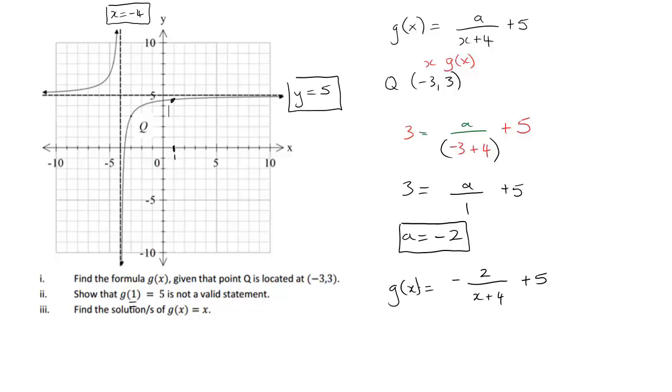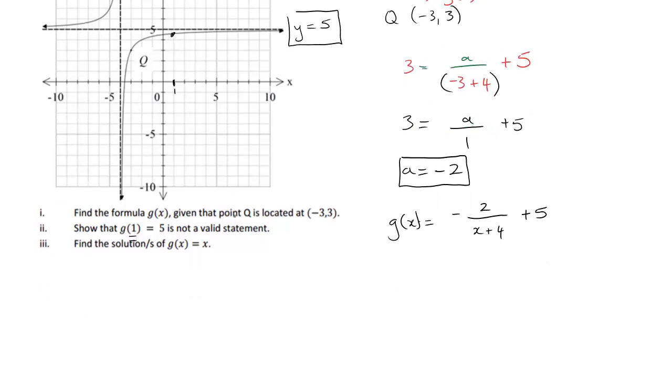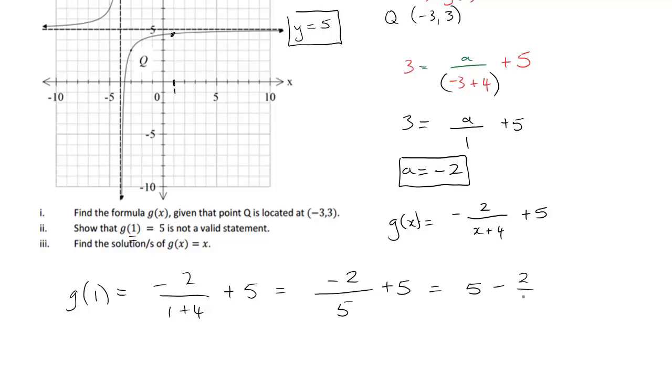So we need to substitute 1 in. -2 over 1 plus 4, plus 5, which is -2 over 5, plus 5, which is equal to 5 take away 2 over 5, which is equal to 25 over 5 minus 2 over 5, which is 23 over 5.